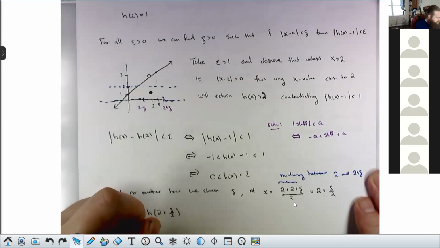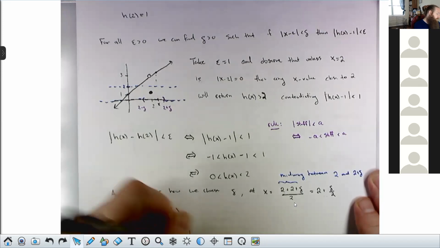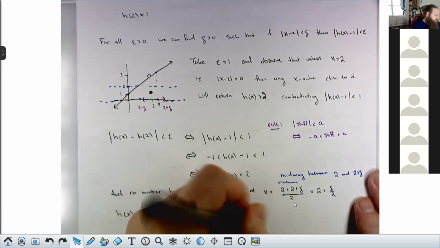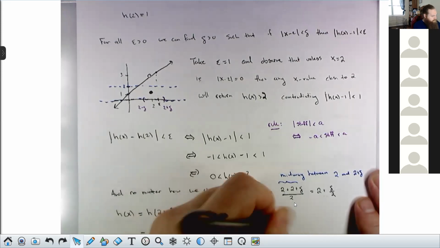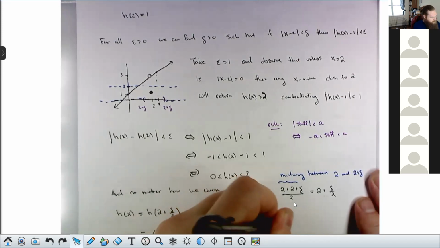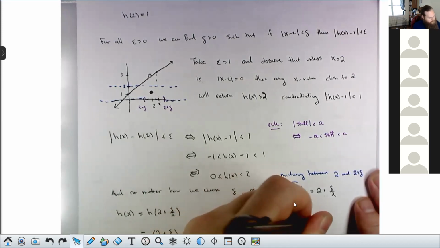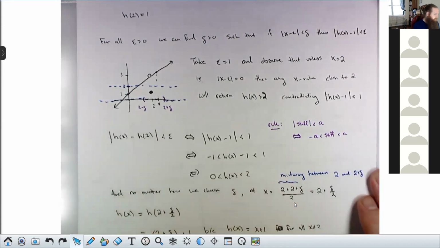Right, that would be 2 plus delta over 2 plus 1, because h of x is equal to x plus 1 for all x not equal to 2. And this is 3 plus delta over 2, which is not between 0 and 2.